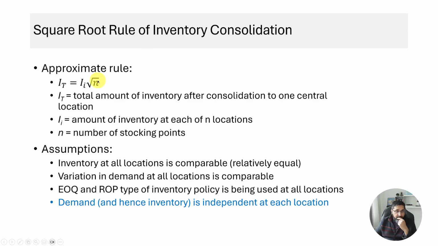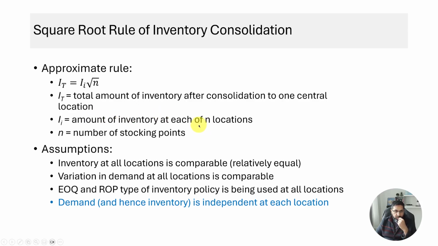So this is the first version of the square root law. We're going to do two versions, but the second version is just derived from this one. I_T is the total amount of inventory after consolidation to one central location. I_i, capital I of small i, is the amount of inventory at a particular location, on average: the inventory you have in a particular distribution center, retail store or warehouse.